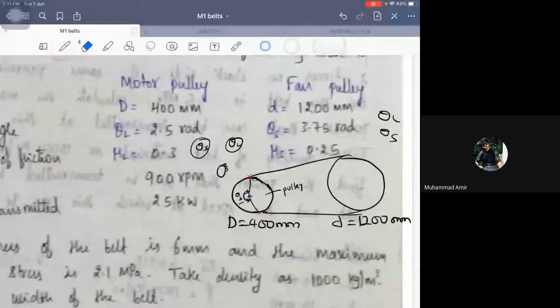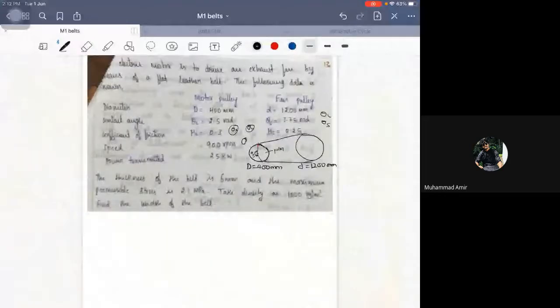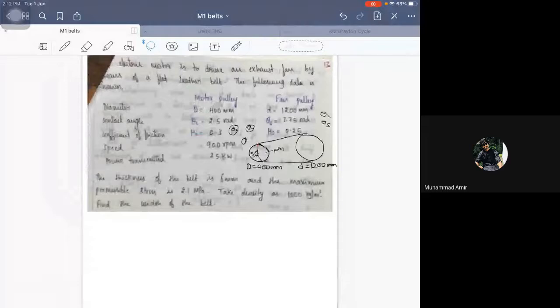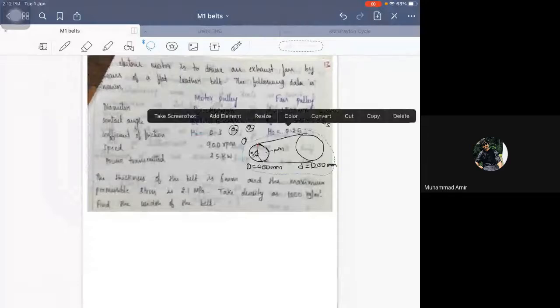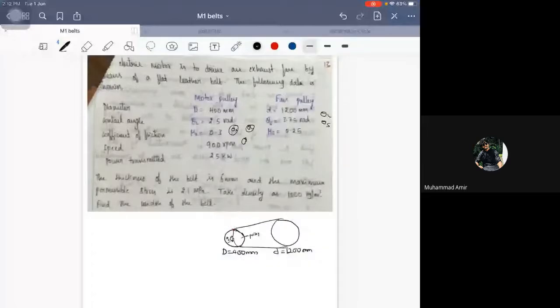Okay. So just write the values of theta S and theta L there. Okay. So theta S is how much?